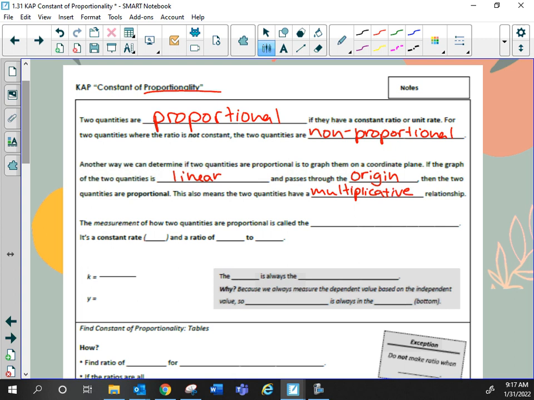The measurement of how two quantities are proportional, what we call the constant of proportionality, is just that multiplier.